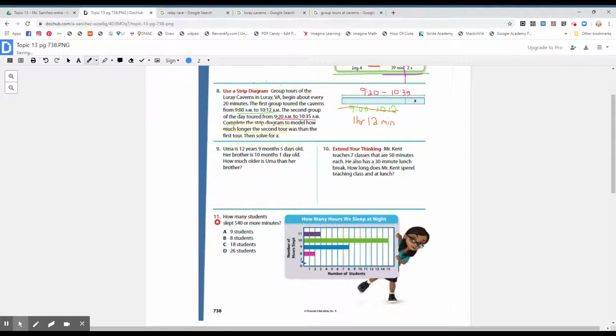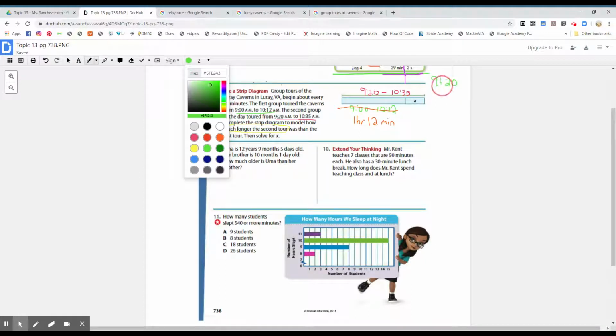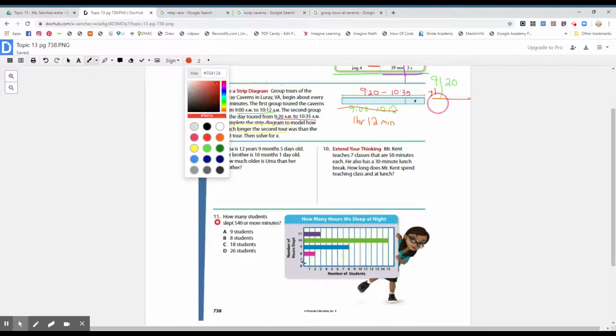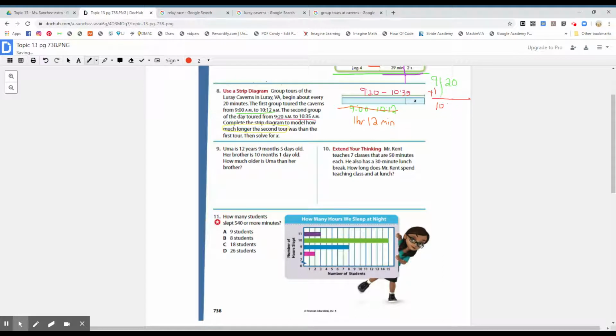Okay, so if it started at 9:20, 1 hour later, don't just look at the hour, boys and girls. Remember, separate your hours and your minutes. So 1 hour later becomes 10:20. Okay, so 1 hour is 10:20.